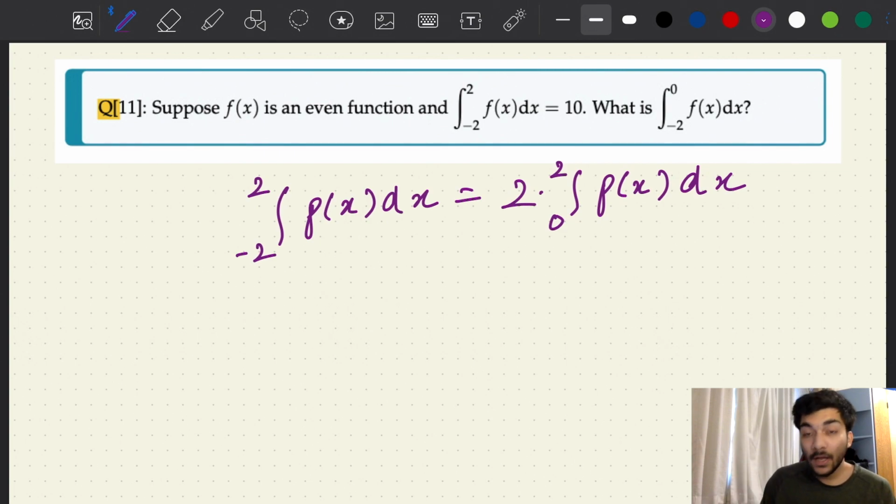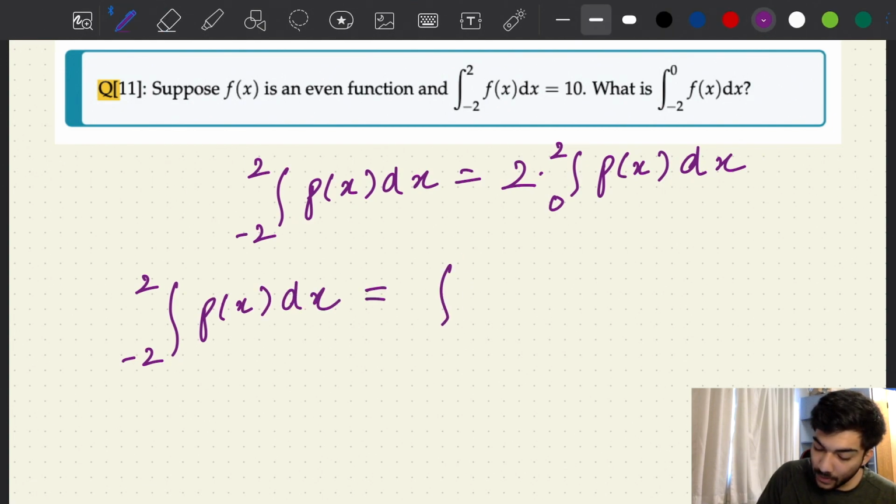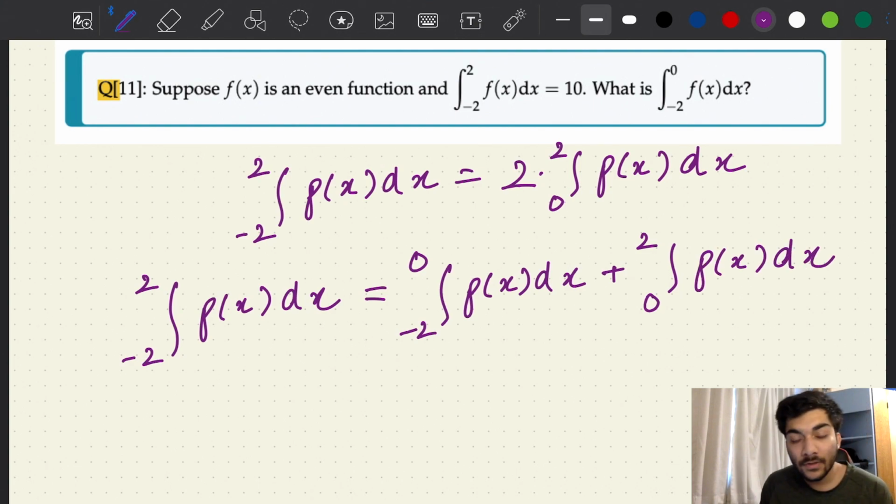I also know from the properties of definite integrals that the definite integral from -2 to 2 of f(x) dx is equal to the definite integral from -2 to 0 of f(x) dx plus the definite integral from 0 to 2 of f(x) dx.